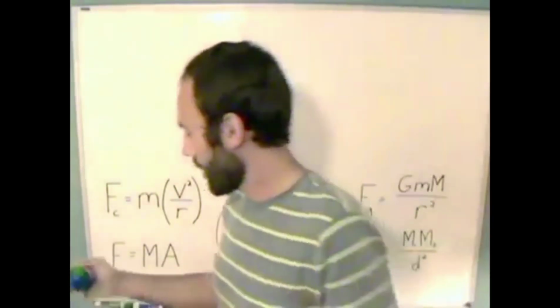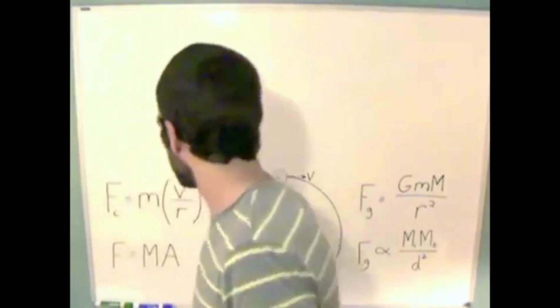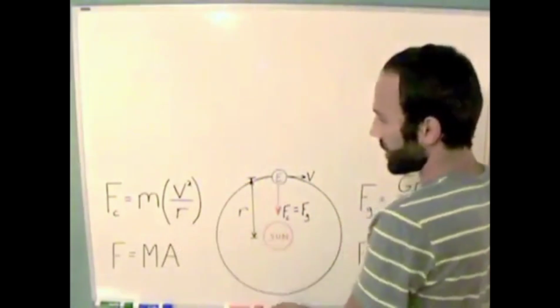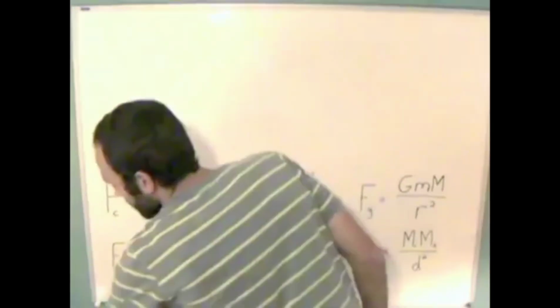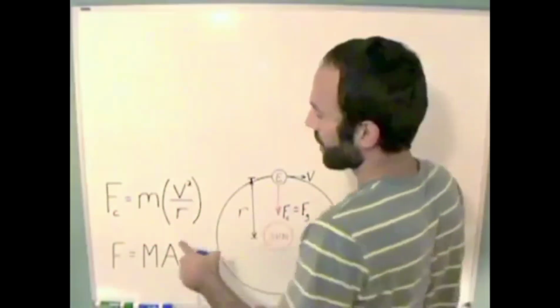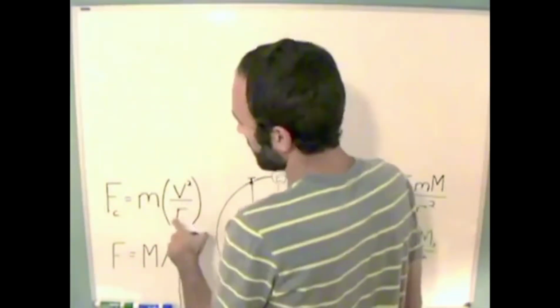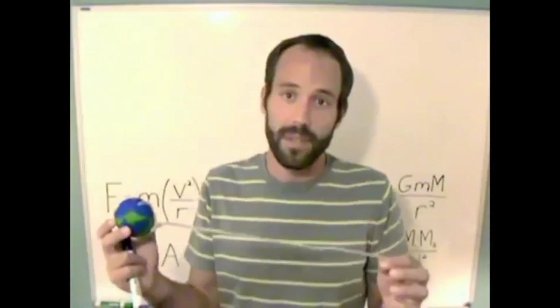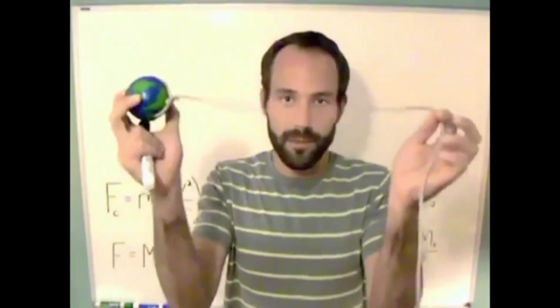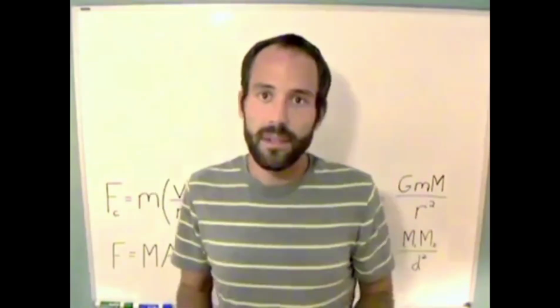I have written down the equation for centripetal force over here. It says centripetal force is equal to the mass, or the ball, times the velocity squared divided by the radius. The velocity would be the speed that it's traveling at around the circle. The radius would be the length of the string in this case.